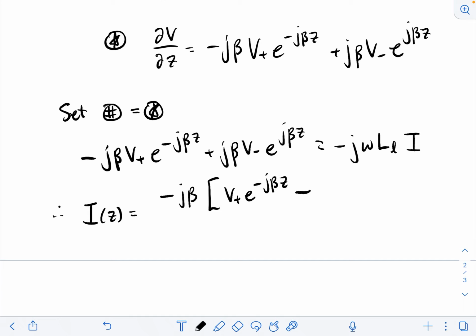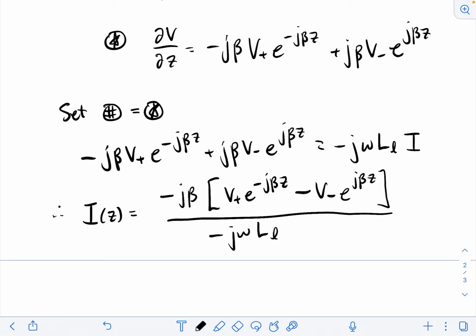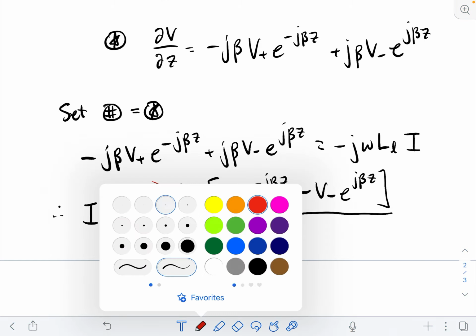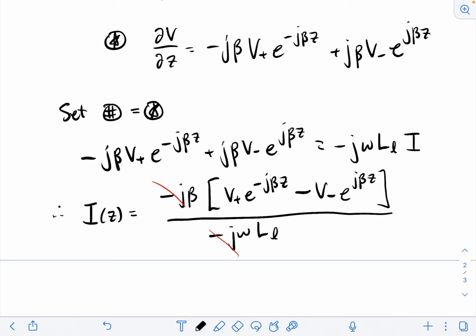And because I factored out a minus j beta, the second term is going to have a minus sign, minus V minus e to the j beta z. And then we have to divide by minus j omega times the inductance per unit length. Okay, so there's some obvious cancellations. The minus j is going to cancel, and that leaves us with an expression for the current amplitude.